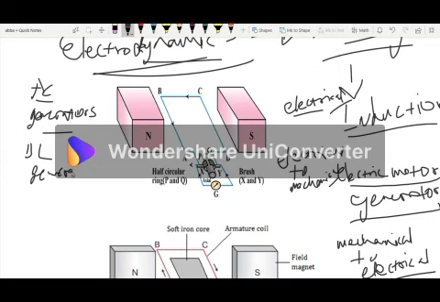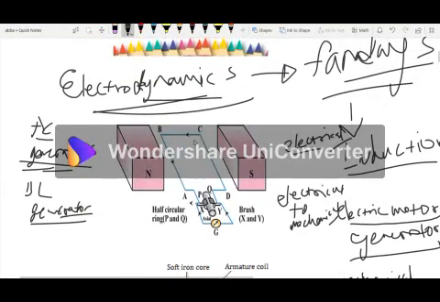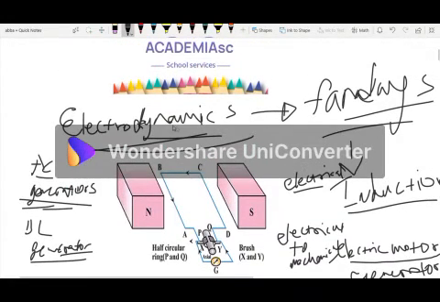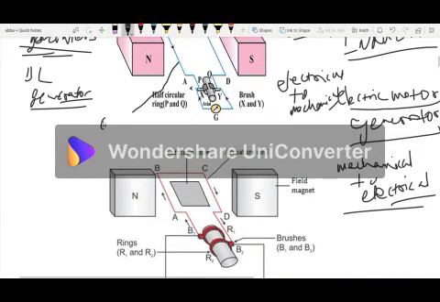So now all of these, they use these things here. This is what I'm going to talk about here. So we have the north pole, we have the south pole. So basically, if you have a coil here and you have bars of magnets with different poles that are almost near this coil, and you rotate this coil, you can conduct electricity, right? That is where we speak of the electrical induction, right?